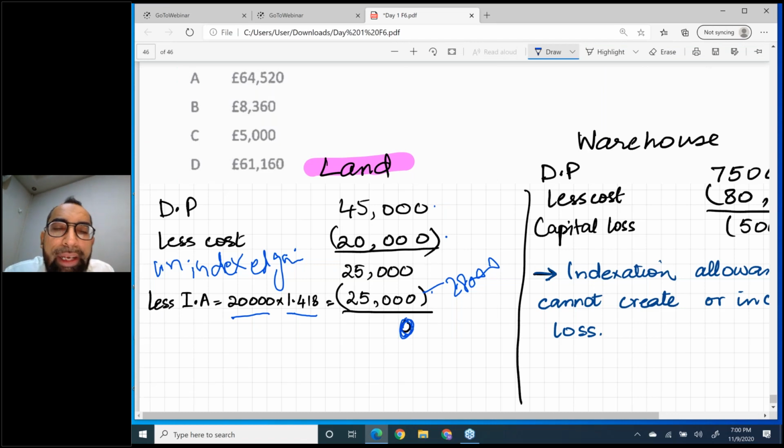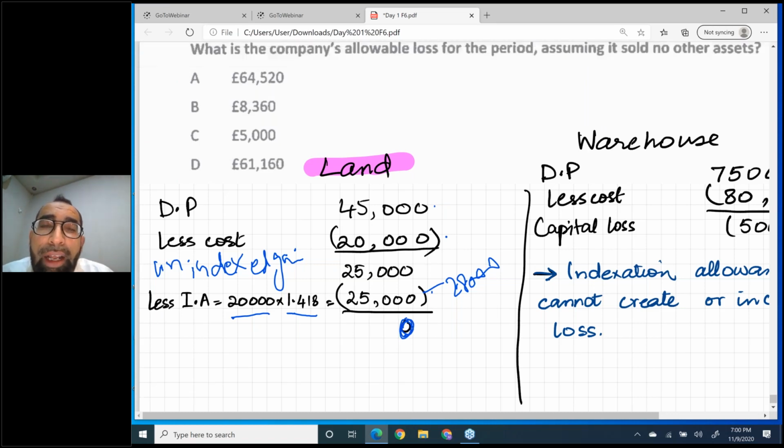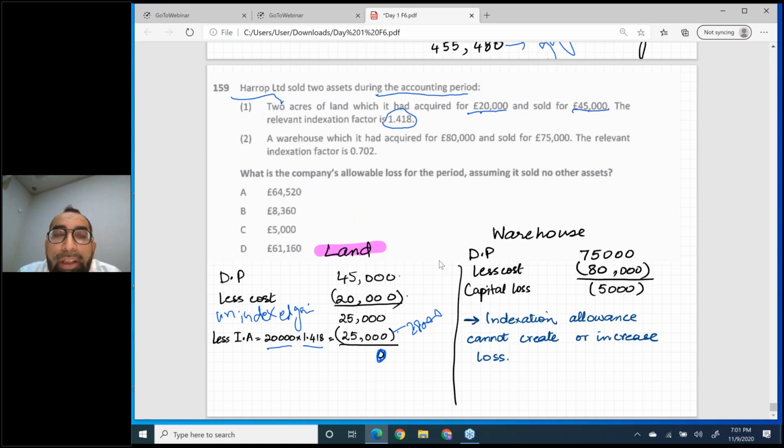You restrict your indexation allowance to the amount of your unindexed gain. You can only make it zero, you can't make it a negative number or loss. Be very careful. So in the first transaction, that is land, the answer is zero.